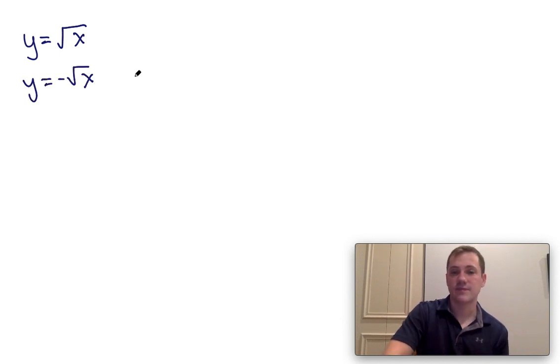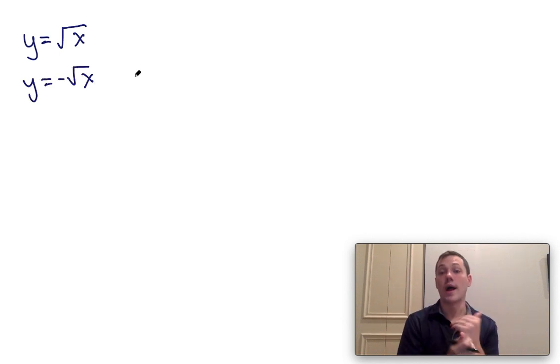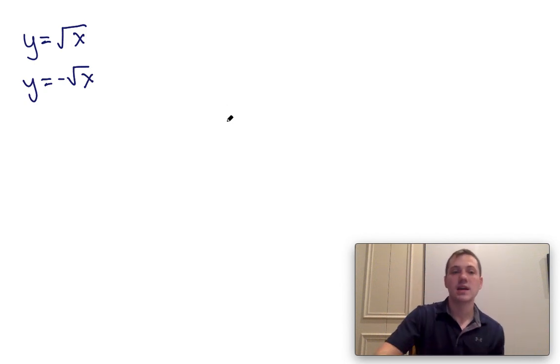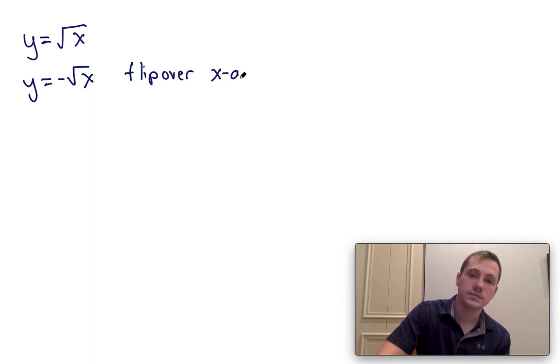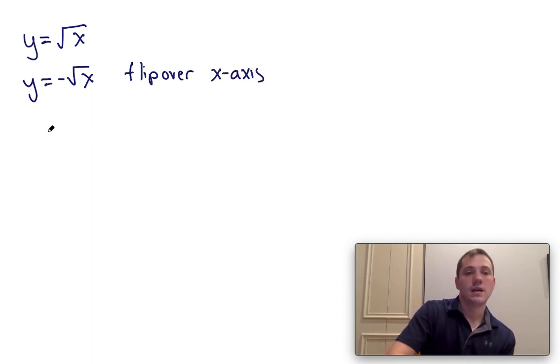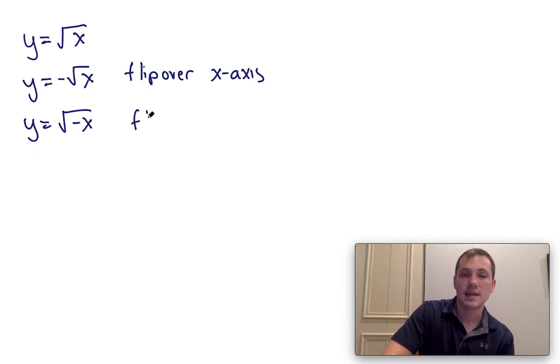Well, when the negative's in front, it's going to make your y coordinate negative, so it's going to flip it over the x-axis. On the other hand, if you put your negative on the inside, like this, and you have the square root of negative x, that's going to flip it over your y-axis.